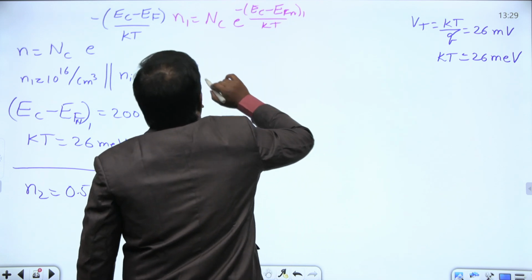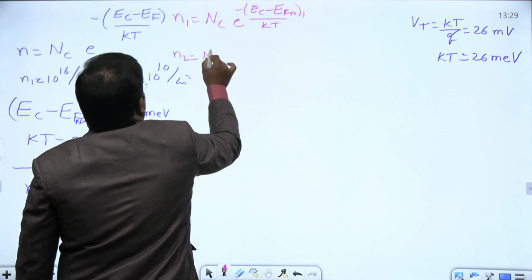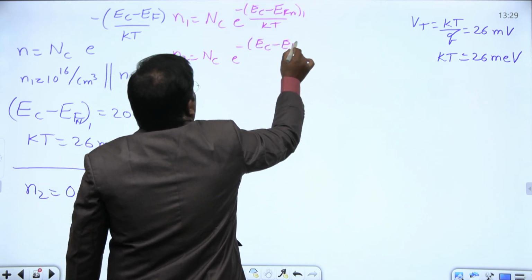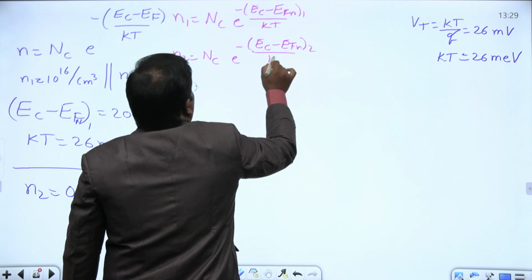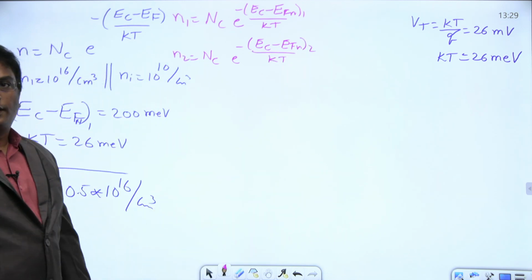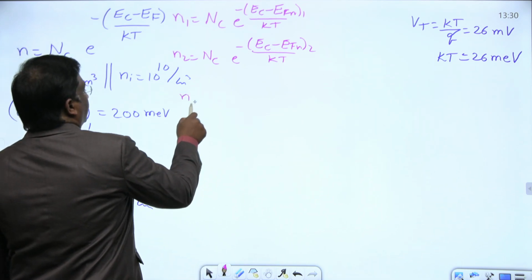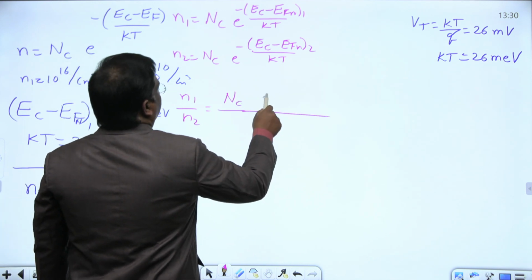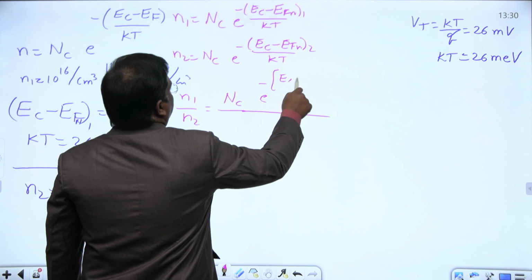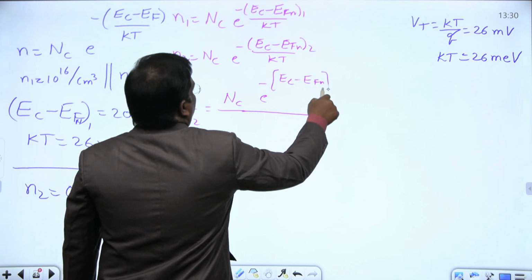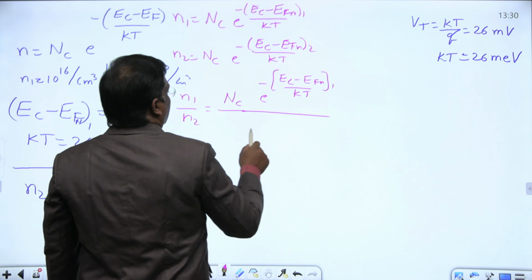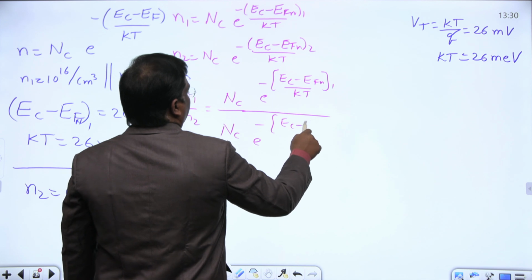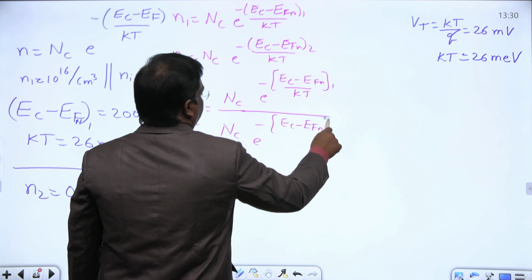Similarly N2 equals Nc, the same density of states, into e power minus (Ec minus Efn of second) by Kt. Then let us take the ratio N1 by N2, which is Nc into e power minus (Ec minus Efn of first) divided by Kt, over Nc into e power minus (Ec minus Efn of second) divided by Kt.